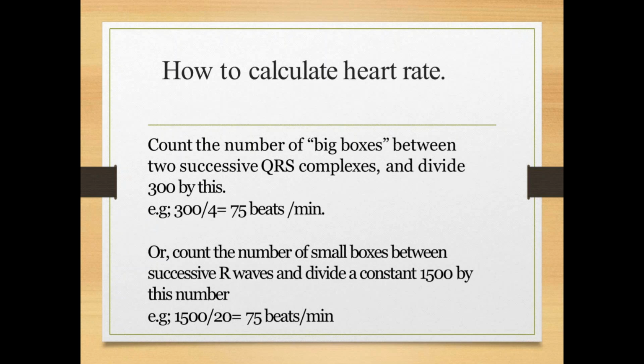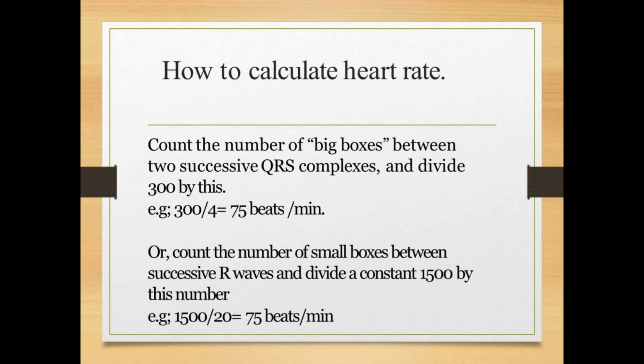Now coming to how to calculate the heart rate on the ECG. You count the number of big boxes between two successive QRS complexes and divide 300 by this. Or you can count the number of small boxes between the two R waves. The R wave is the positive deflection that goes up, P, Q, R wave.